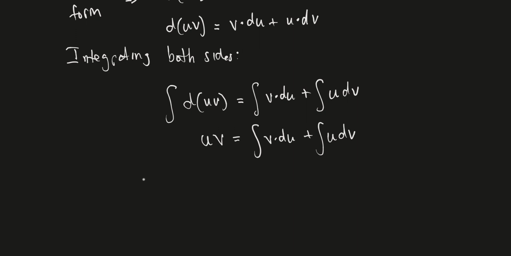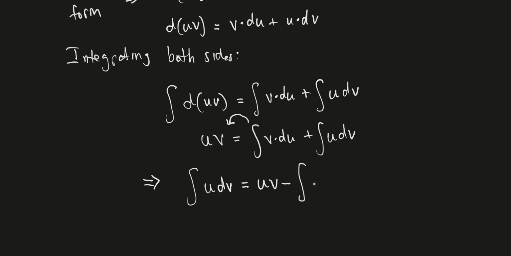So this implies, and let me write it this way, the integral of u dv is equal to uv minus this other integral. Basically what I've done is move that integral to the other side of the equation. Thus, it picks up a negative sign in front of it.